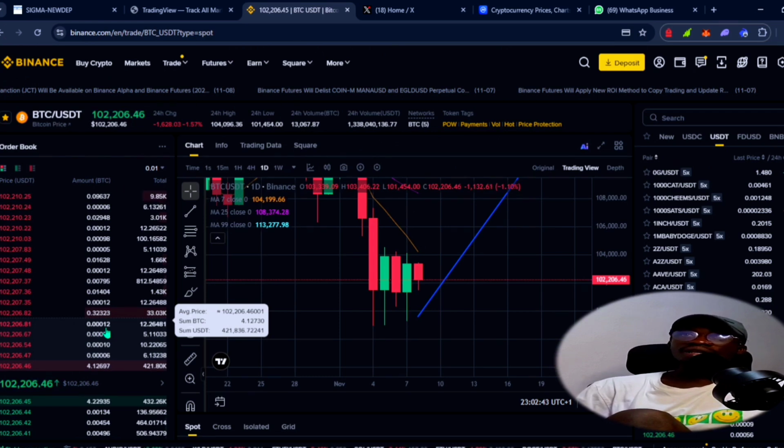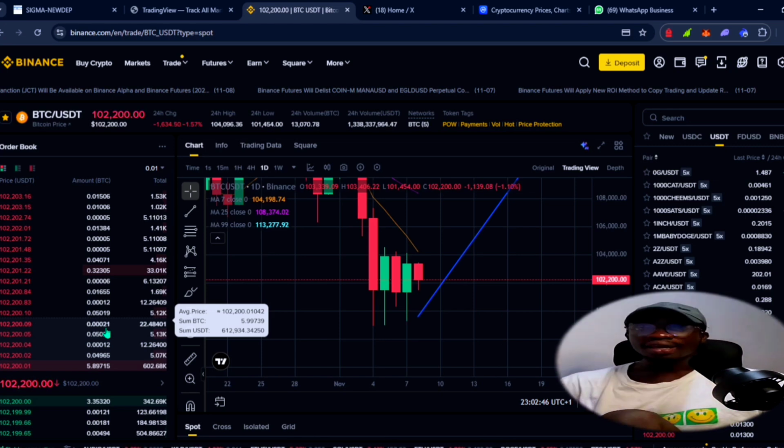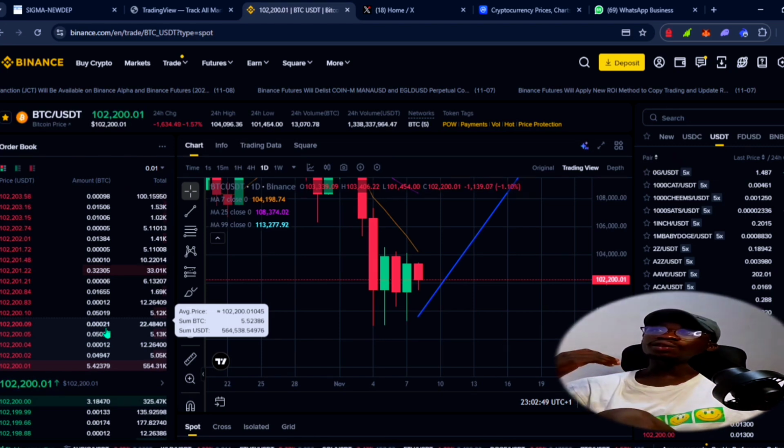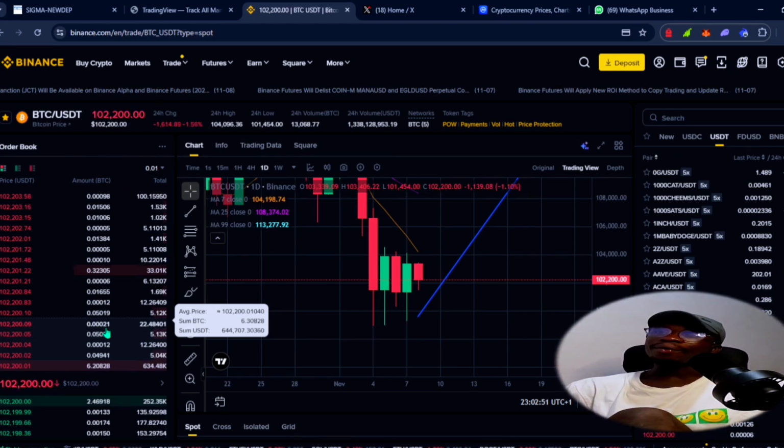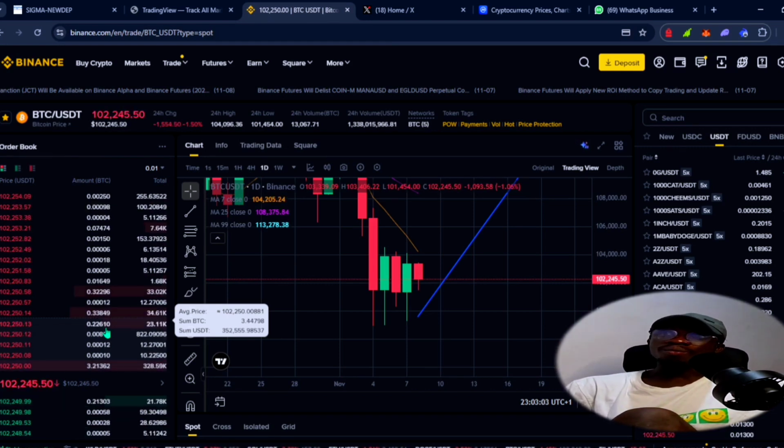I want you to imagine this particular exchange, Binance, as an exchange house where there are a lot of traders willing to buy and willing to sell. Imagine there are at least 100 traders saying I want to buy, and 100 or 200 also saying I want to sell. Each one of them has to come and register the price at which they want to sell a particular commodity.